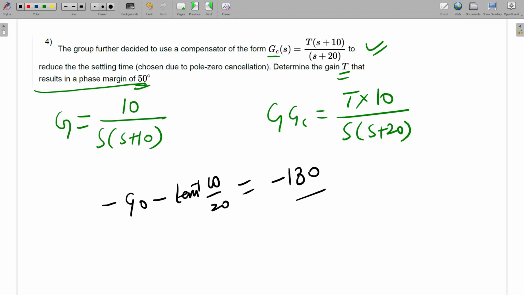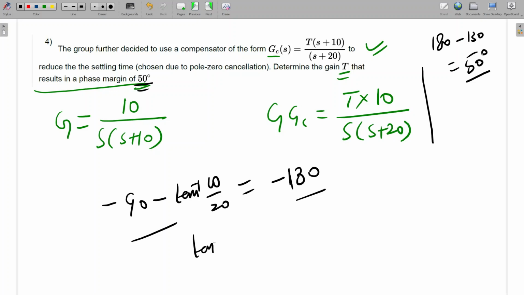Is it correct? This 50 degree phase margin is at some omega, the gain crossover frequency, where the total angle contribution should be equal to minus 130. Then only, 180 minus 130, the phase margin will be 50 degrees. So I'm just equating the angle of the overall compensated function with minus 130.